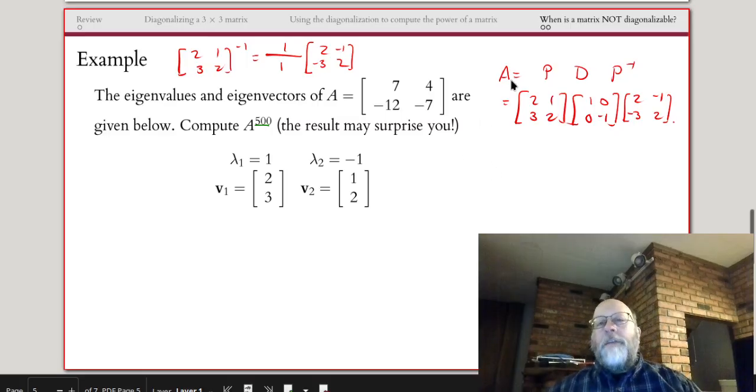Now, using this diagonalization, A to the 500 power is just P times D times P inverse times P times D times P inverse times P times D times P inverse, 500 times.